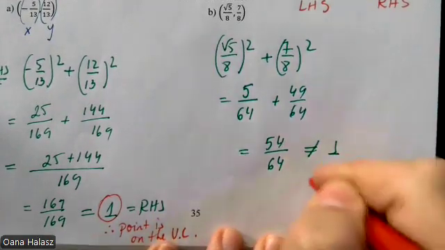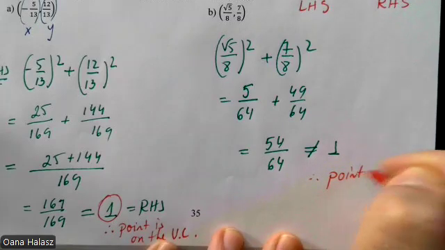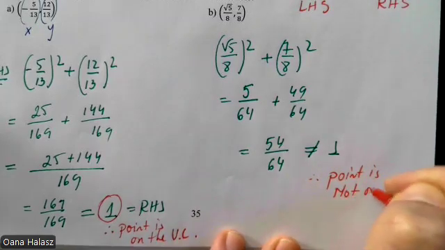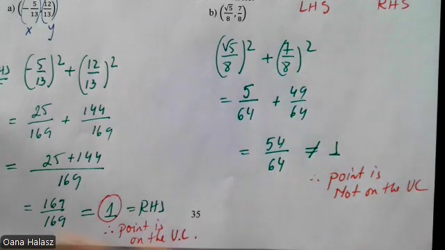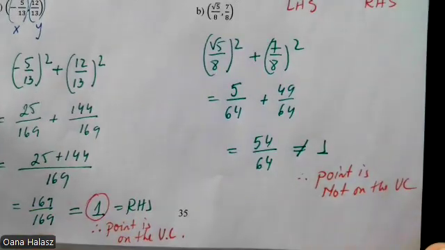So we say the point is not on the unit circle. Doesn't mean it's not on some circle, but it's just not on the unit circle, the circle that has the radius 1.